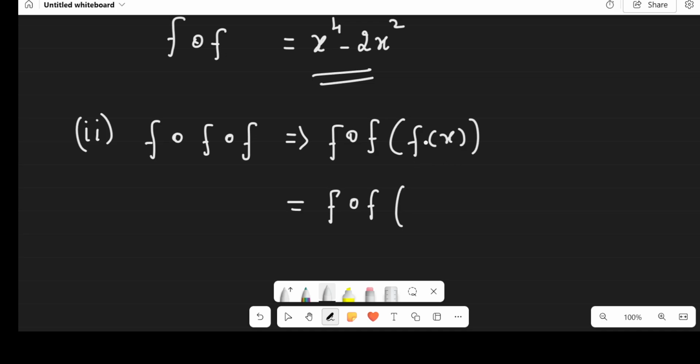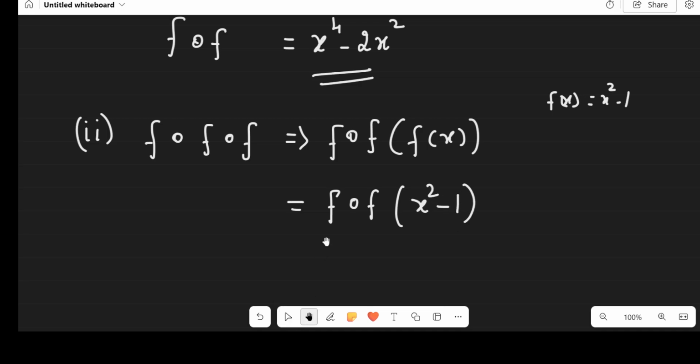We should apply the value of f of x. What is f of x in the question? In the question, x square minus 1. That is given in the question. F of x is x square minus 1. So here I am applying x square minus 1, right?